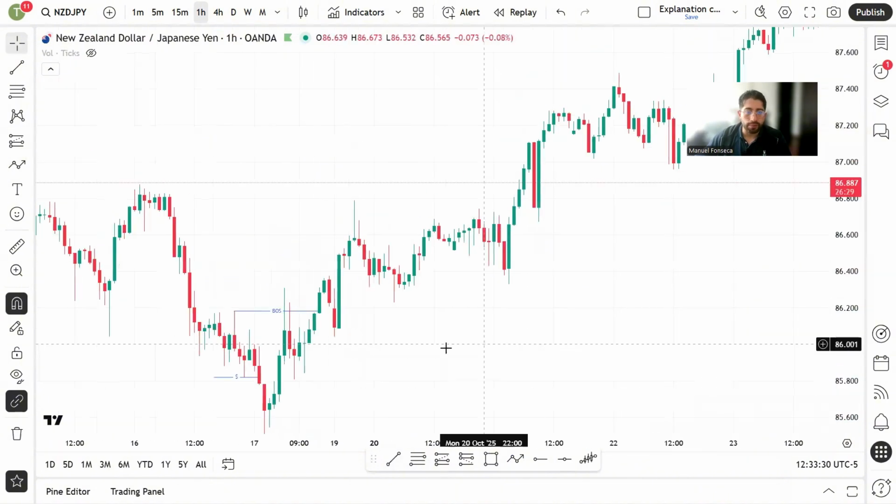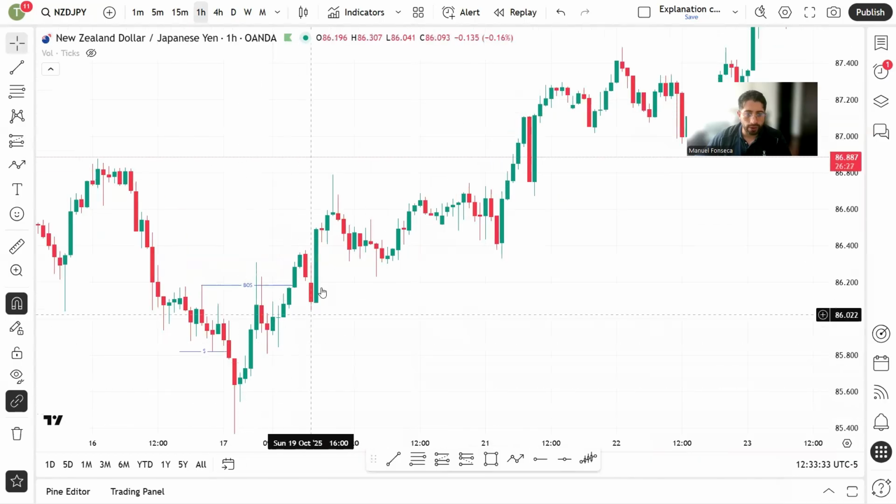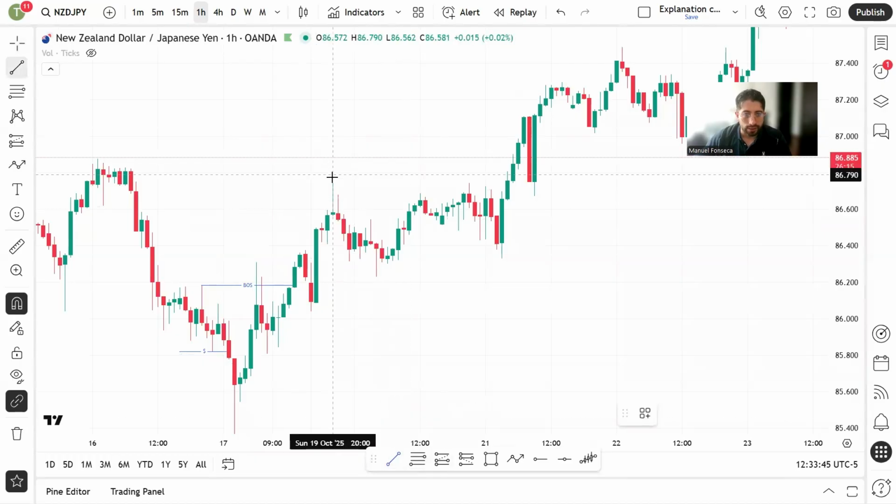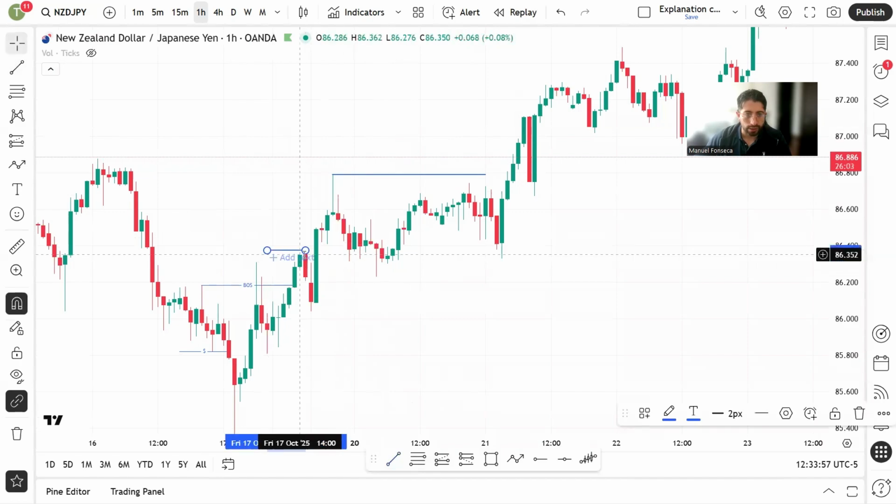Now, let's try to find the most evident ones. So we could take into consideration this high because it's one of the most relevant, at least in this part of the market, right? And what we're going to do now is just try to find out if this wick high is actually the end of a range. How? Remember, we're going to look back to the closest high, in this case, this one, right?